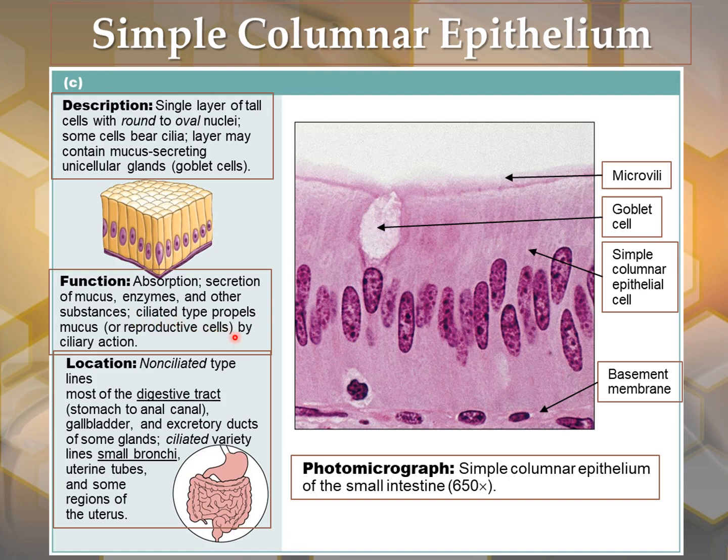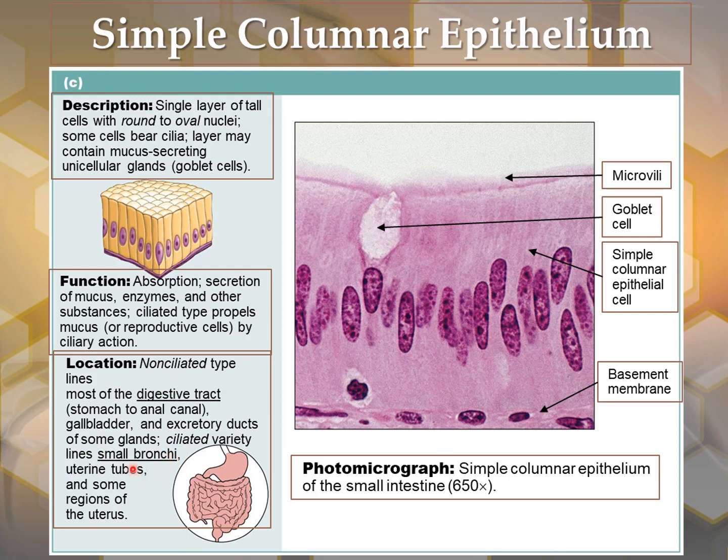So depending on if it has cilia or not, in the different areas of the body, you'll see these different types. So you get some non-ciliated in the digestive tract. So in the majority of the digestive tract, you see simple columnar epithelium. And then if you see ciliated, it's going to be kind of in the respiratory system, so small bronchi.